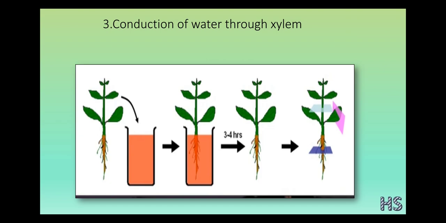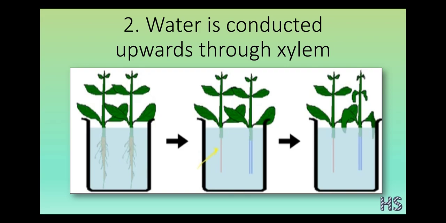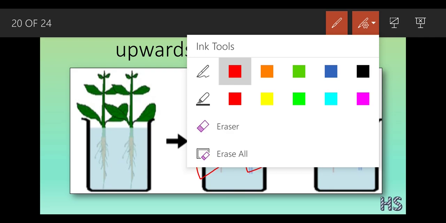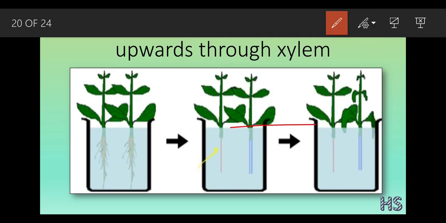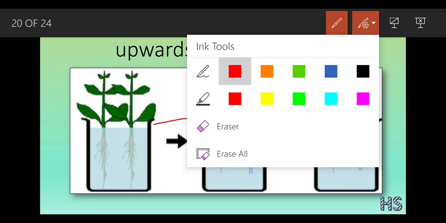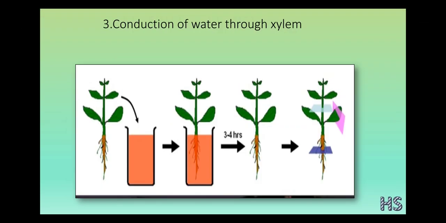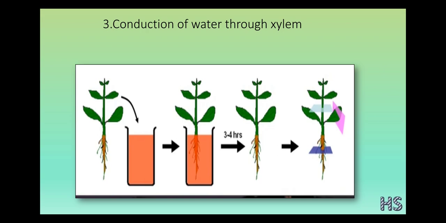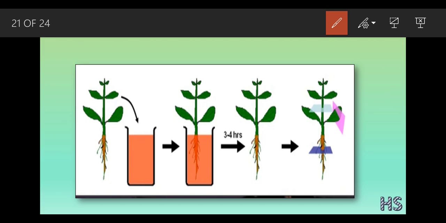Now, for a confirmatory test, conduction of water through xylem. As we can see here, the xylem was present, and here the xylem was not present. But now we are going to see: does the conduction happen through the xylem only? Let's understand.